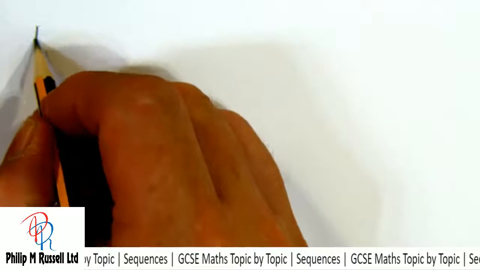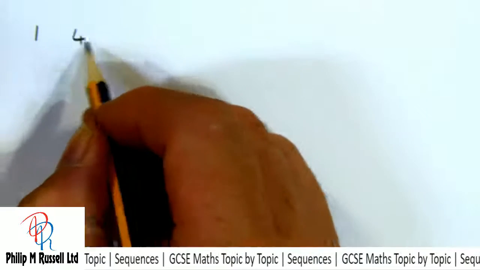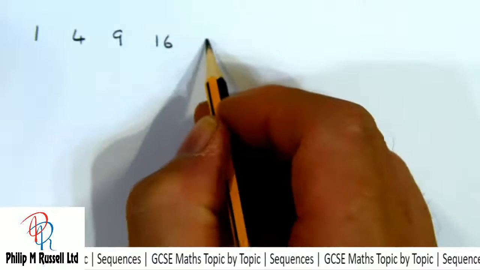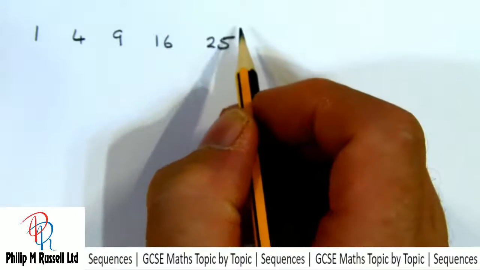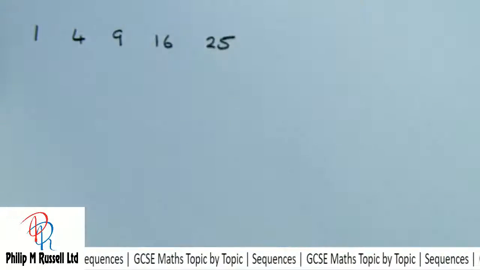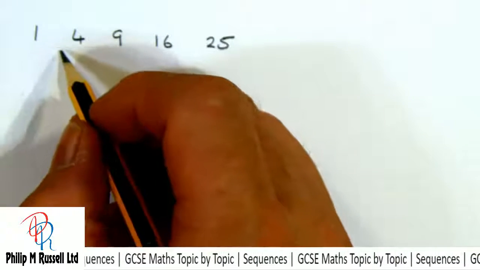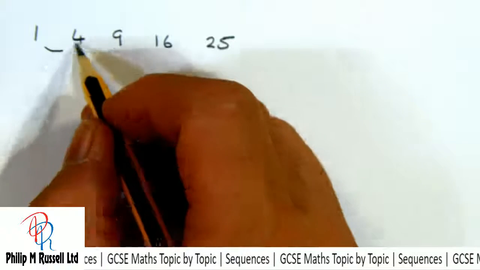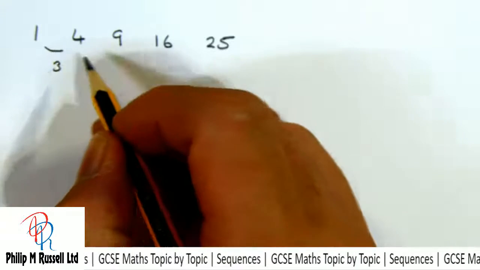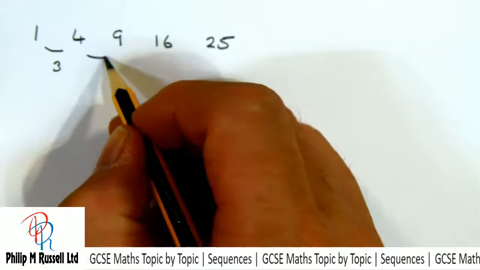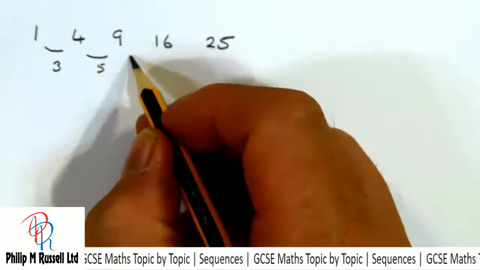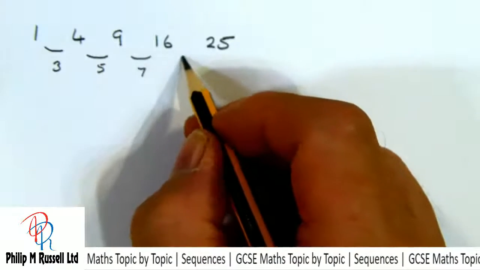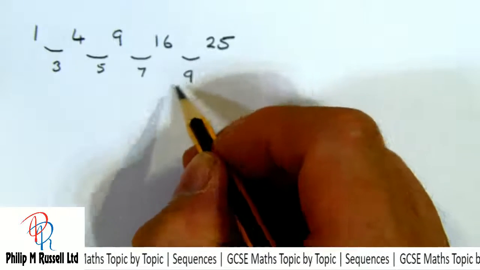Let's have a look at this one: 1, 4, 9, 16, 25. This time the sequence isn't going up a standard amount. I've got here 3, 5, 7, 9.